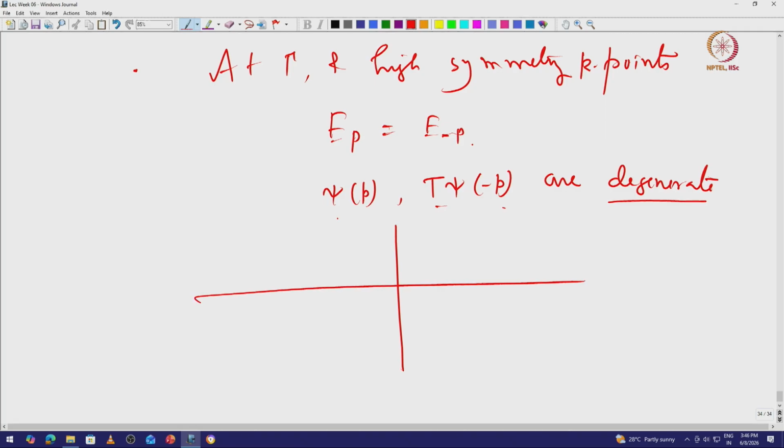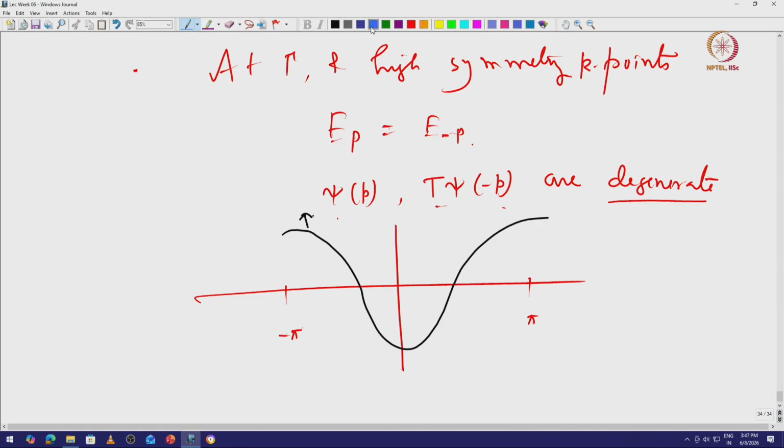So, if I draw a band structure from minus pi to pi in 1D, and let us put some band structure, let us say this is for up spin.